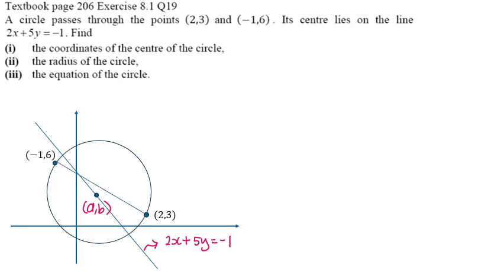The perpendicular bisector of the chord will pass through the center of the circle. So the important concept is that the center of the circle is the intersection point of the perpendicular bisector of the chord and the line 2x + 5y = -1.